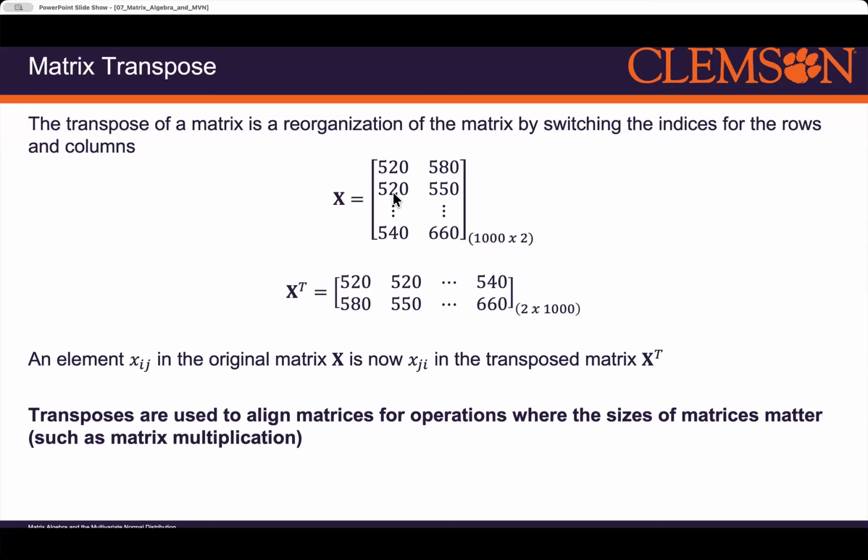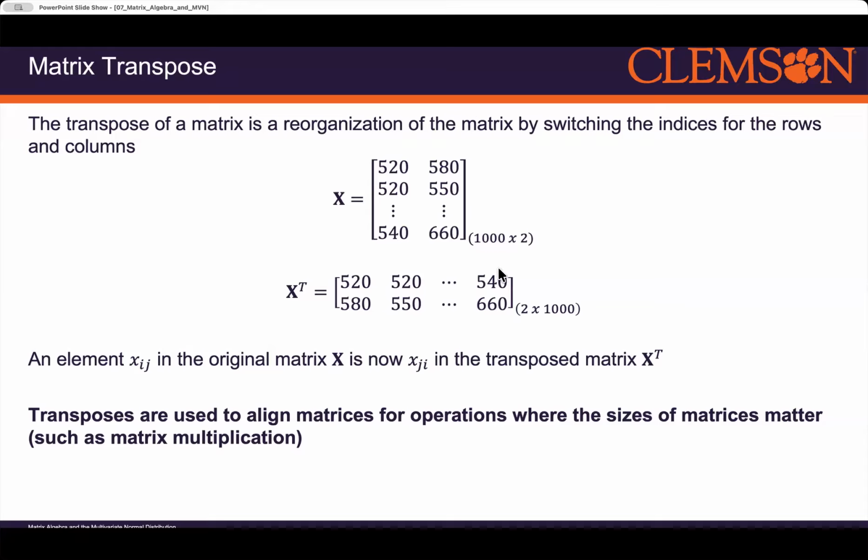It was the first column before, and the second row represents SAT math. So basically, now the variables are the rows, and the people are the columns, so the first person would be in the first column, and so forth.